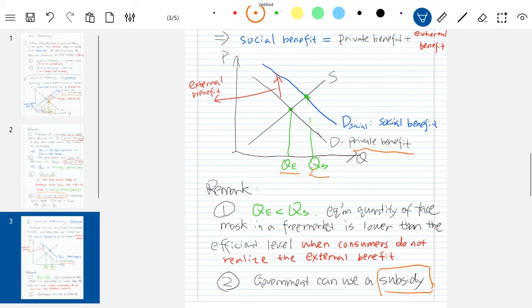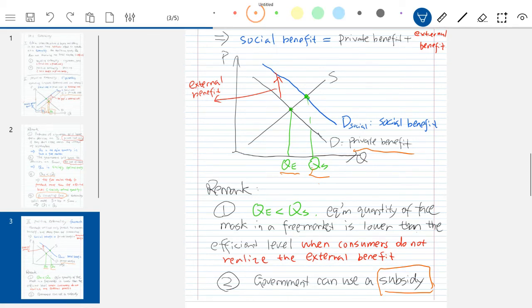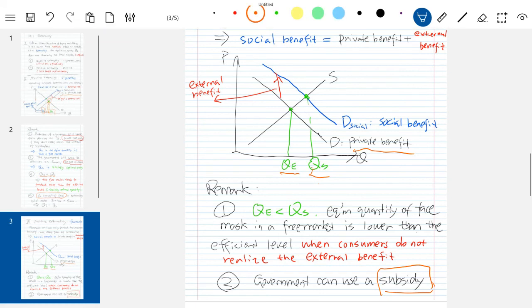The way a subsidy works is that for any consumer who's willing to buy a face mask, the government would, for example, give them a $1 subsidy for every face mask that they buy. Once such a subsidy is imposed, the demand function of face masks would shift up by exactly $1.